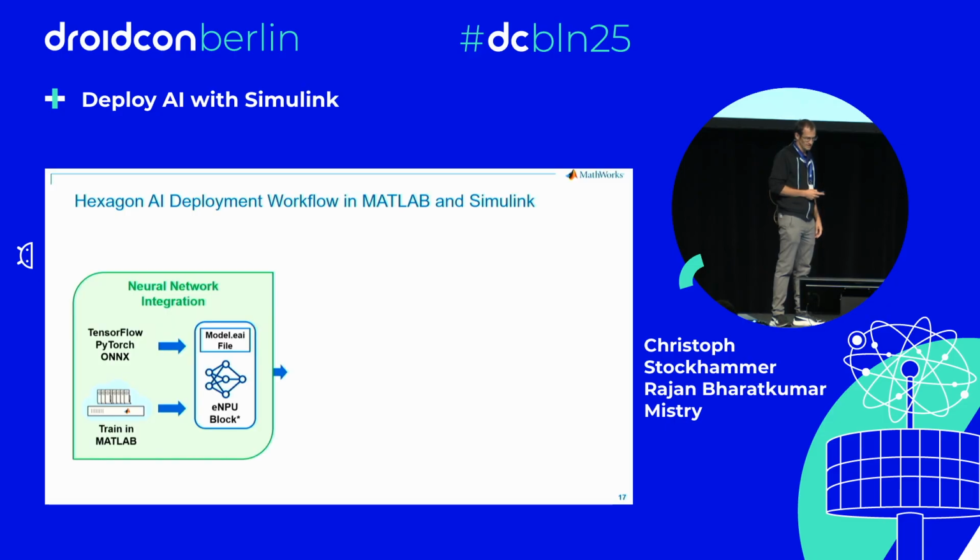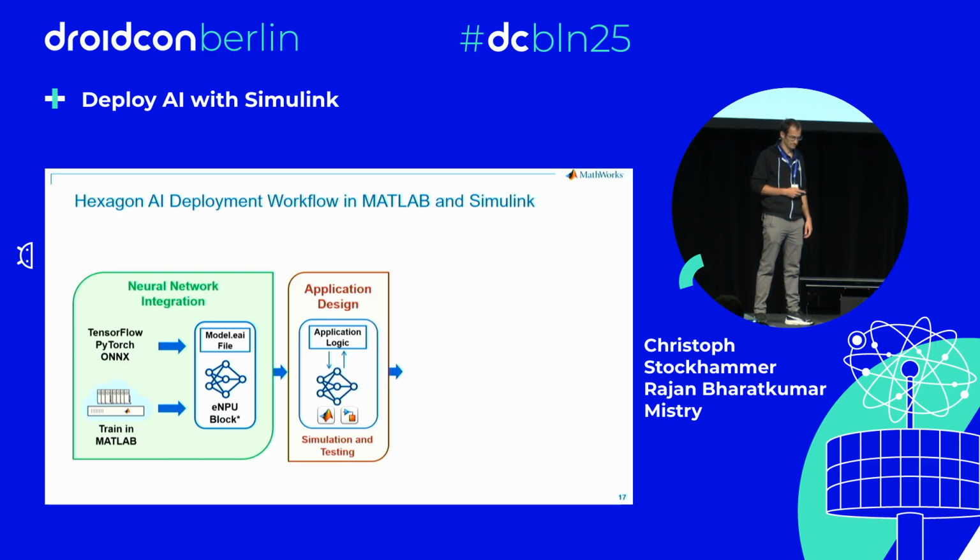And how this works, you bring your trained model, you bring your own model, typically from PyTorch these days, could also be TensorFlow or also in MATLAB potentially. And the exchange format is an ONNX file, so we can use this and then use the Qualcomm tooling from the LPAI SDK to convert this into a specific file format, a model.eai file, which we can then integrate into our simulation.